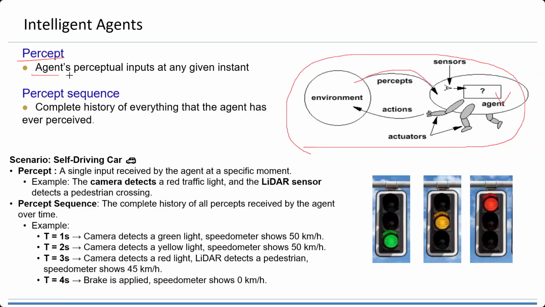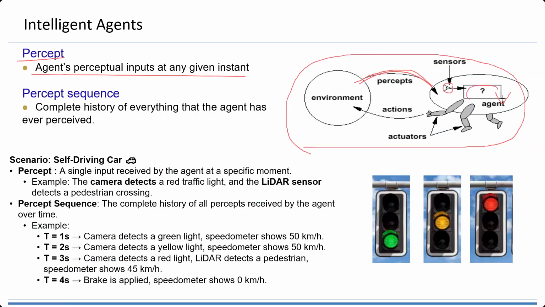So agents have perceptual inputs at any given instance. From the environment, there should be something that the sensor can check. The sensors can be anything. If the sensor is a camera, then it can see. If the sensor is a microphone, then it can listen. It depends on the sensors.